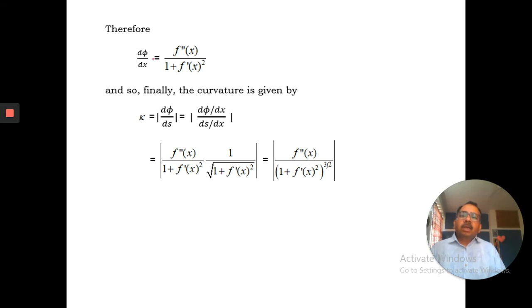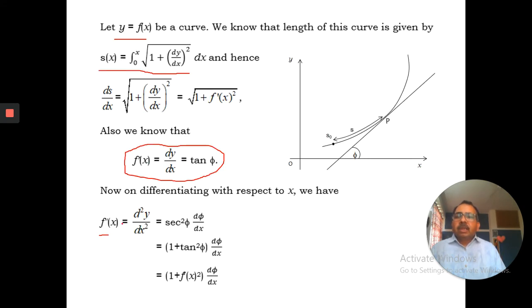Now using a formula from calculus, I have d phi by ds is the same thing as d phi by dx over ds by dx. D phi by dx, go to this previous page, d phi by dx. From here compute d phi by dx, which is f double dash x divided by this thing.